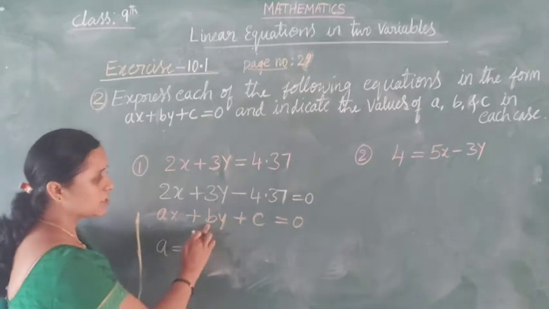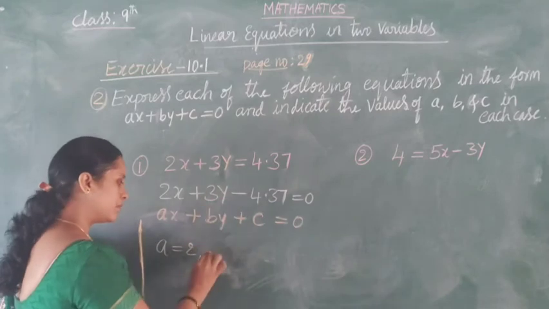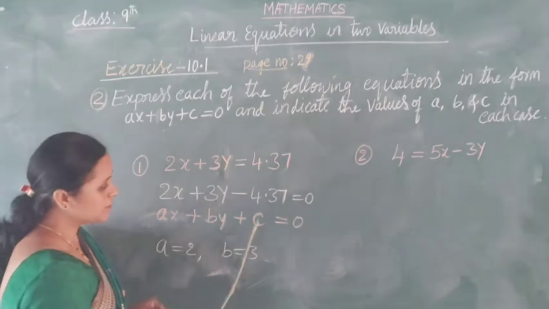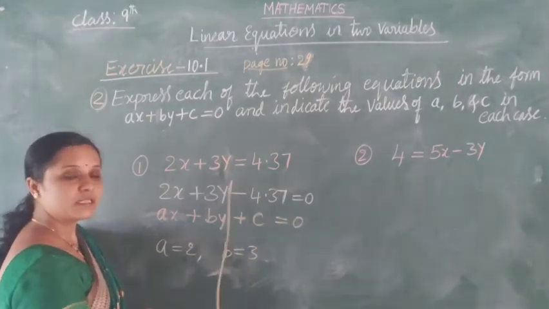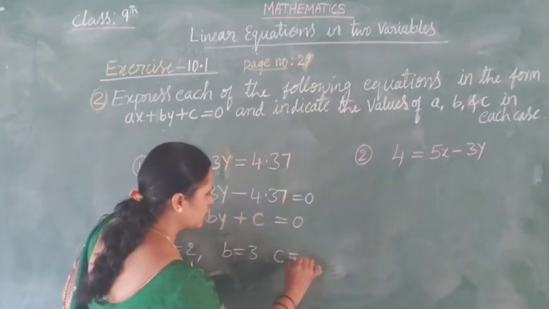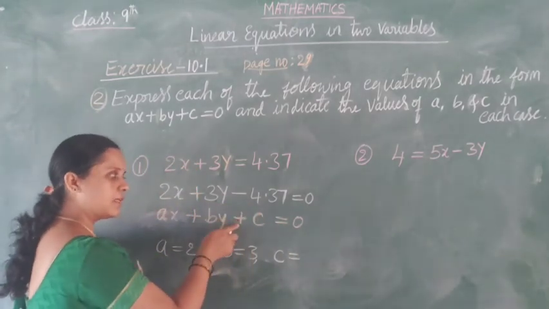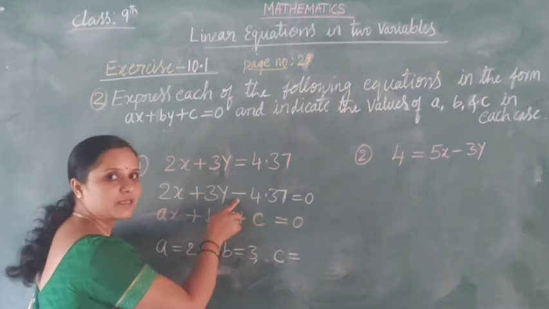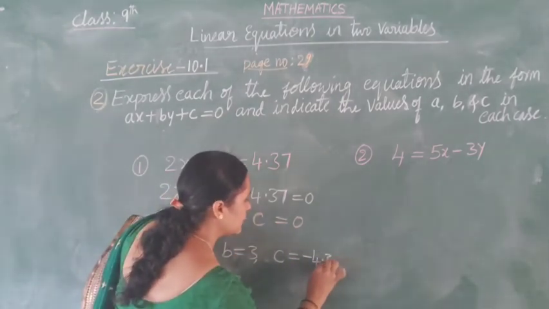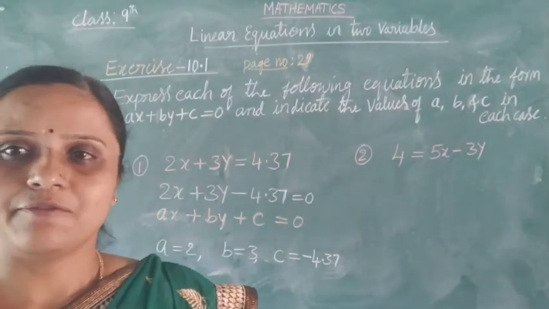In place of b, there is 3. So write b equal to 3. And in place of c, there is minus 4.37. You can see here there is a plus, so here it is minus. So you write c equal to minus 4.37. In this way you can do the problem carefully.